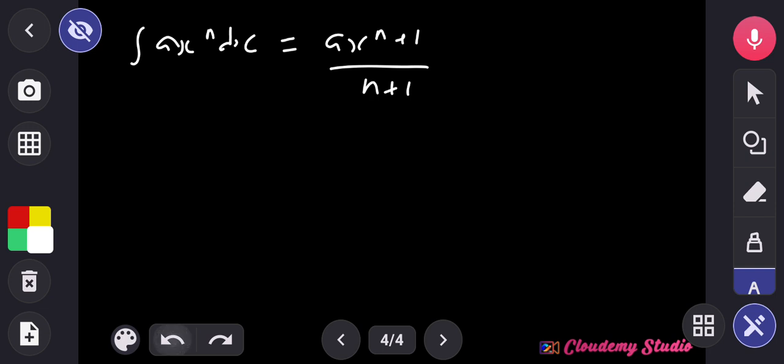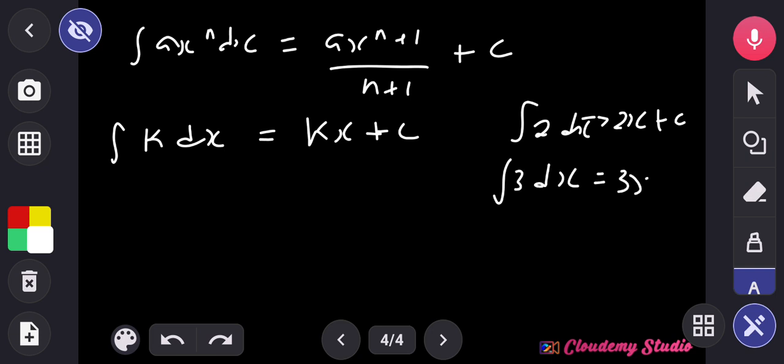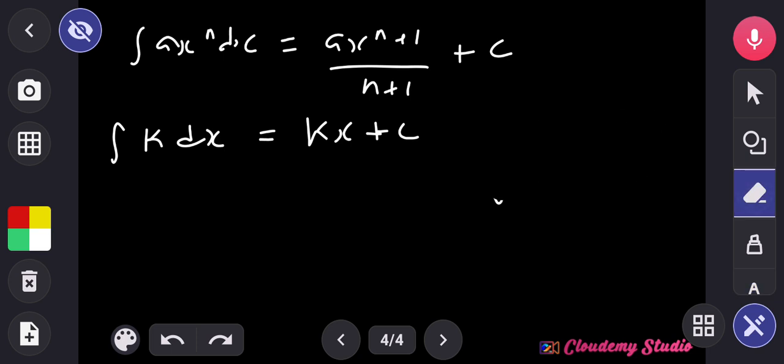Also, the integral of a constant number, let me say k dx, is given as kx plus c. So if you say what is the integral of 2 dx, your answer is 2x plus c. If you say what is the integral of 3 dx, your answer is 3x plus c. Now let us proceed.